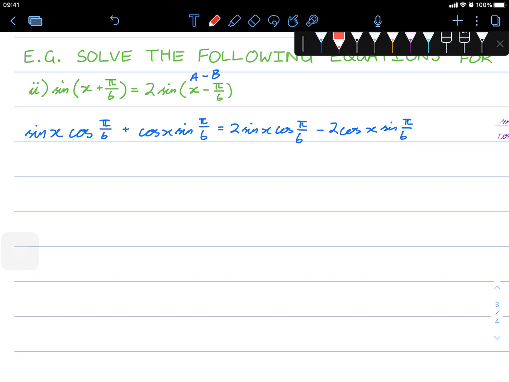Pi on 6 is 30 degrees. So using that, we have 30 degrees, 60 degrees, 1, 2, root 3. Cos of 30 degrees is root 3 on 2.